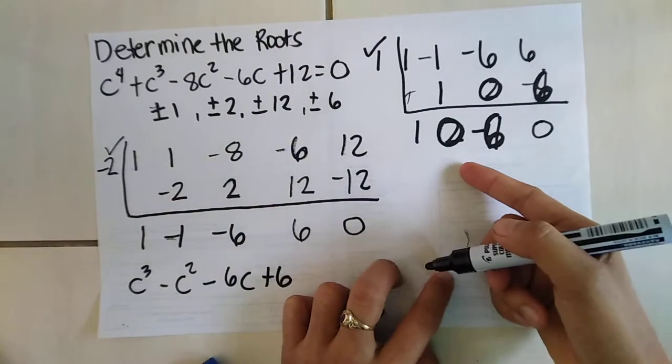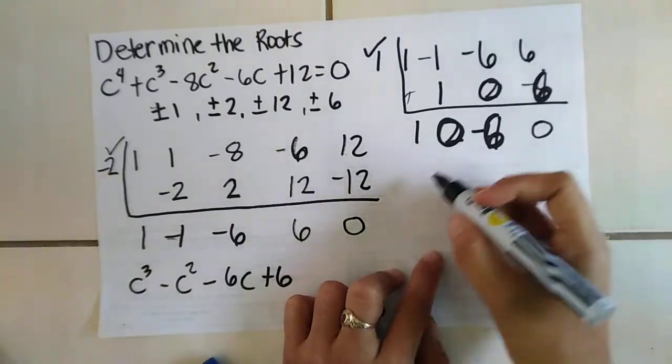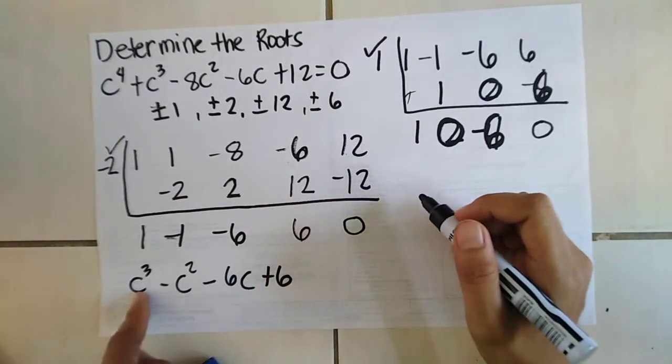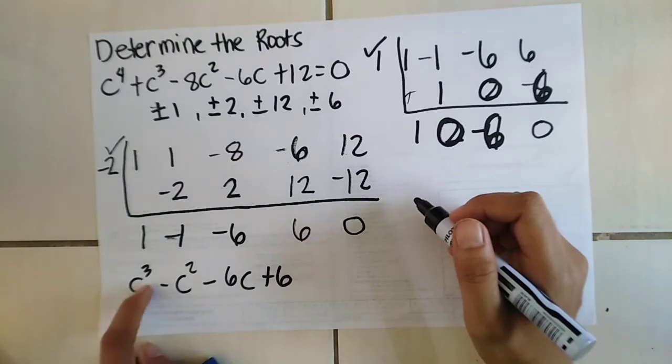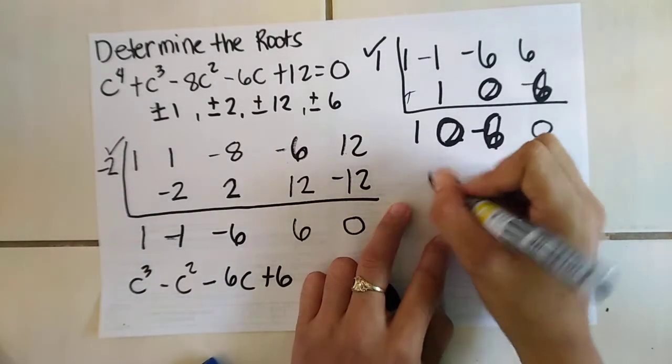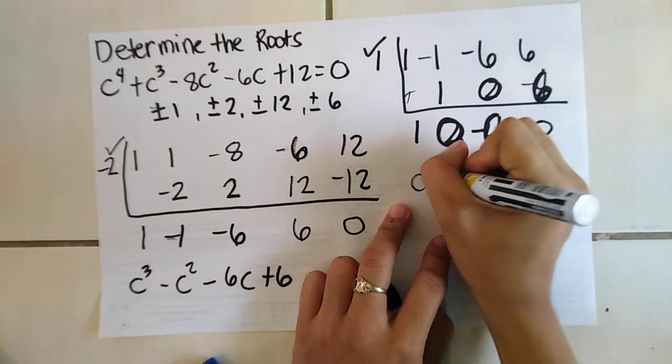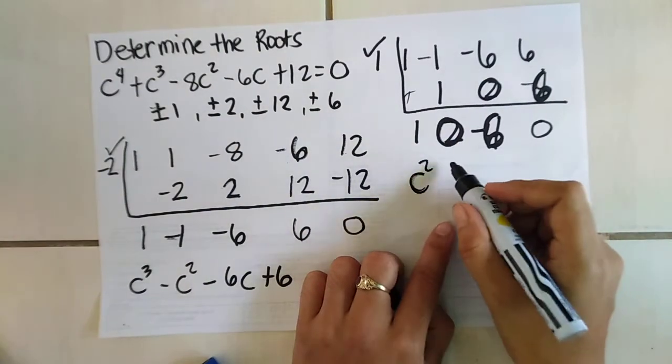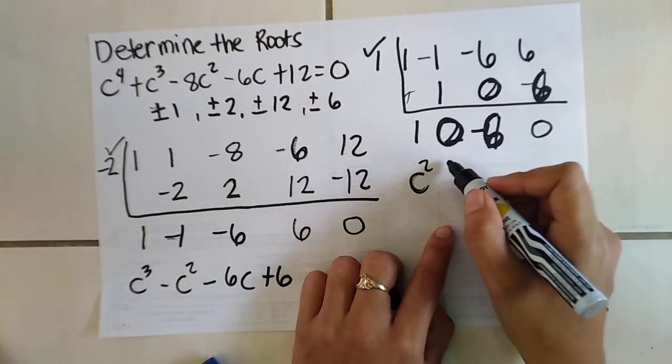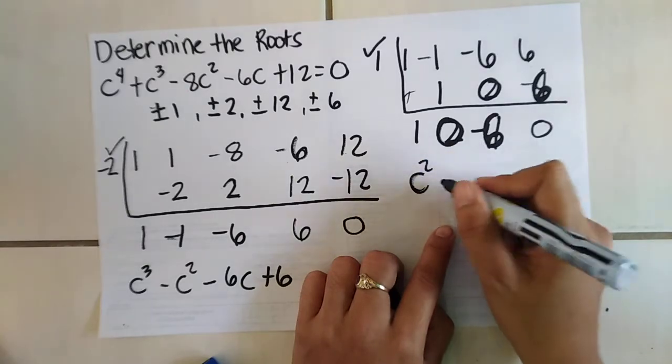Okay, let's write the depressed equation. Here it was c cubed, so it becomes c squared. Since the next is 0, we proceed to the 6, which is minus 6.